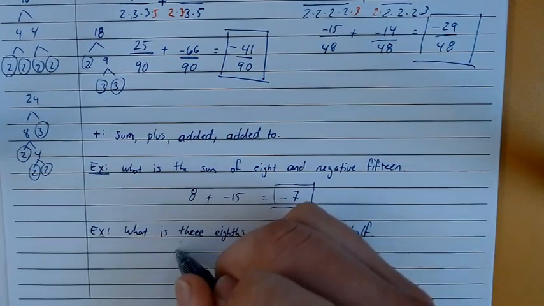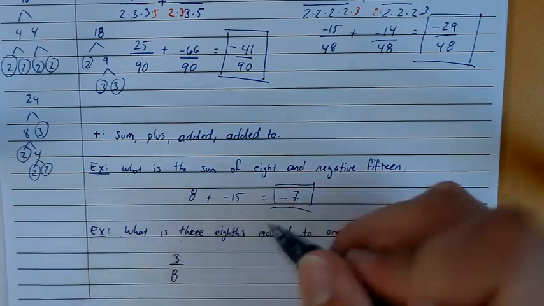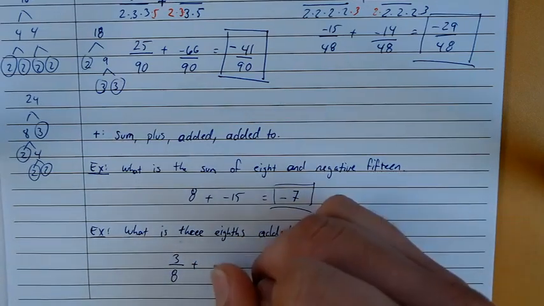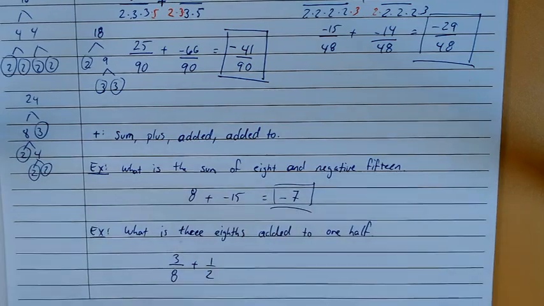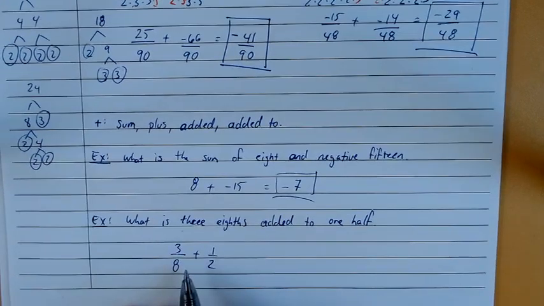So 3/8, 3 over 8, added to, plus 1/2. Here we're adding two numbers that have the same sign, so we're just going to add the two numbers and keep the same sign.